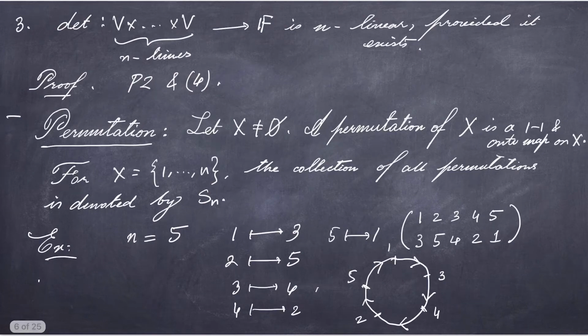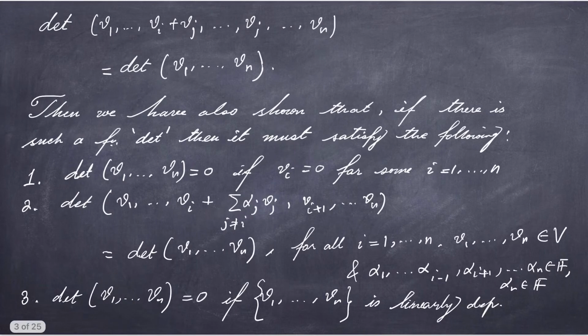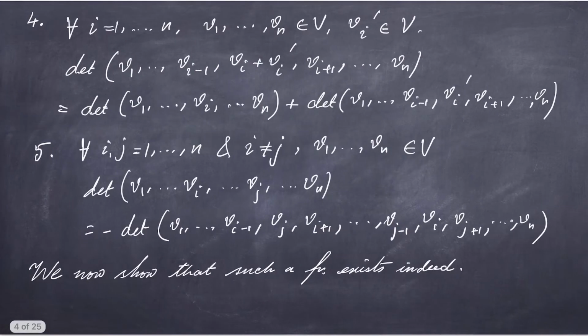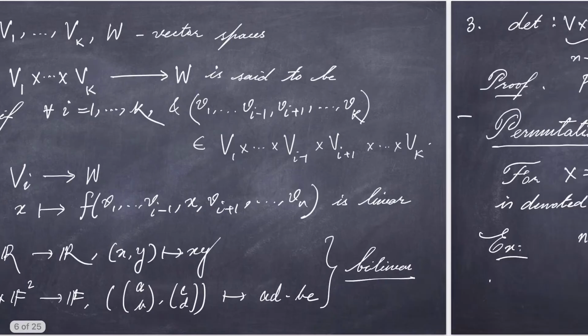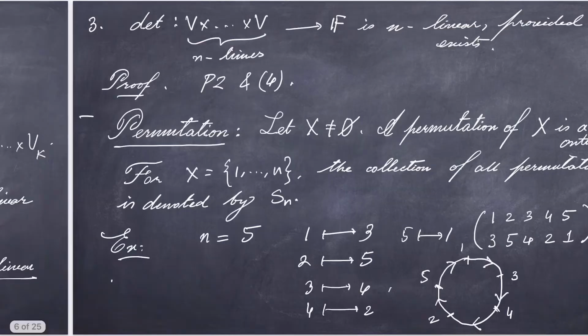More generally, the determinant function which we wish to construct, though we don't know whether it exists or not, if it exists, then that function will be an n-linear map. Why so?